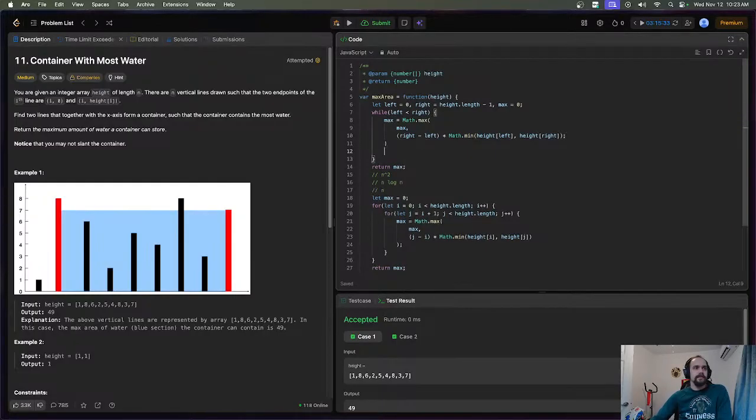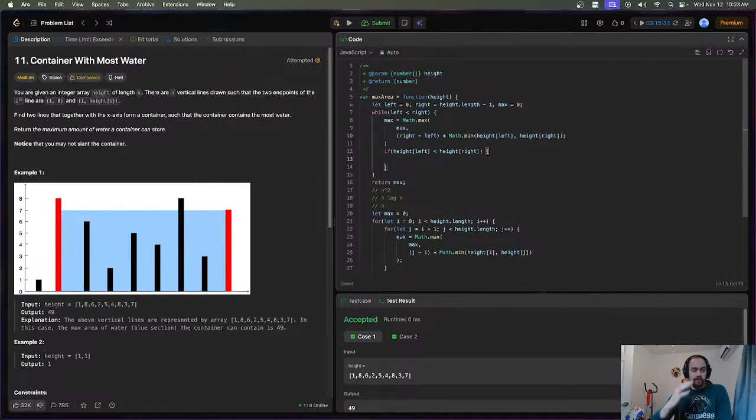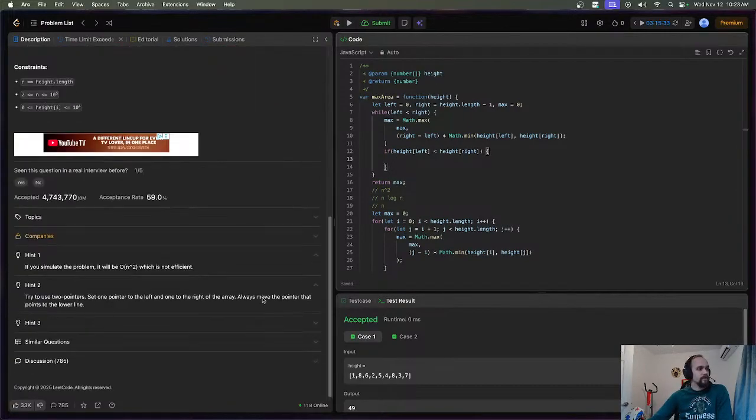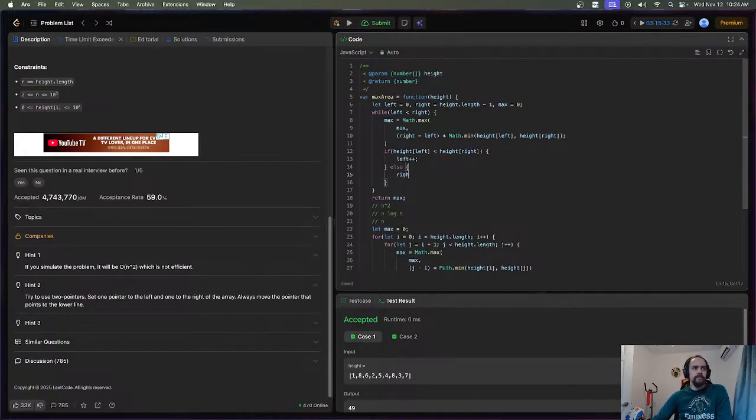And then if height sub left is less than height sub right, only move the smaller one. Always move the pointer to the lower line. So if we do this, we do this.